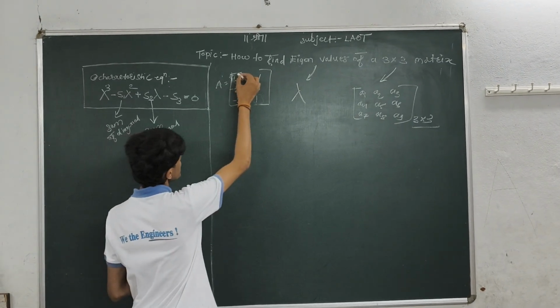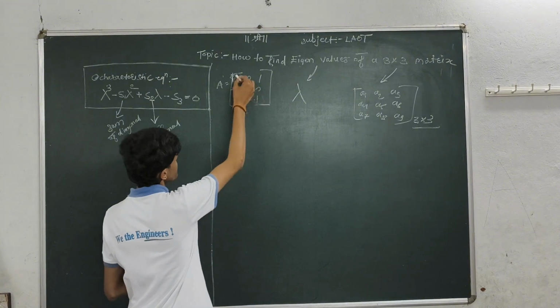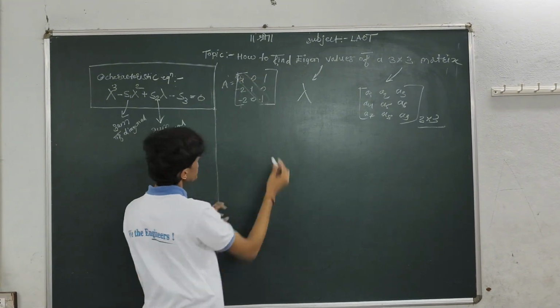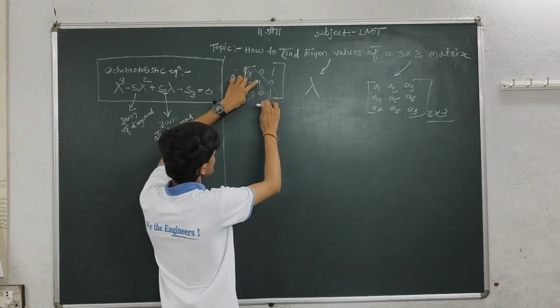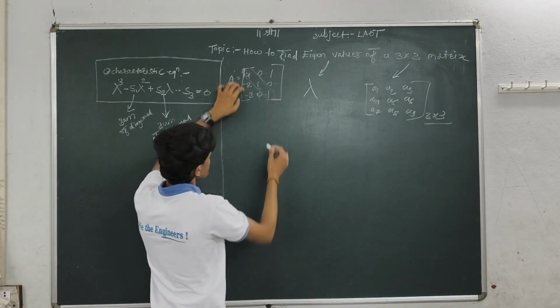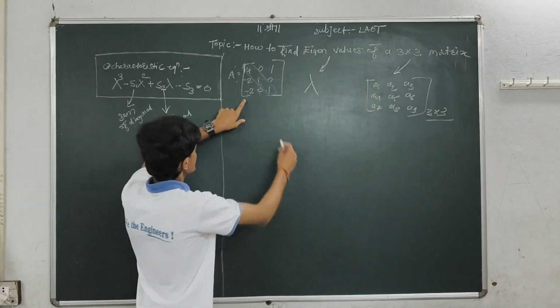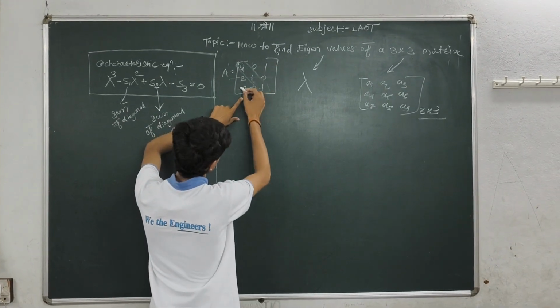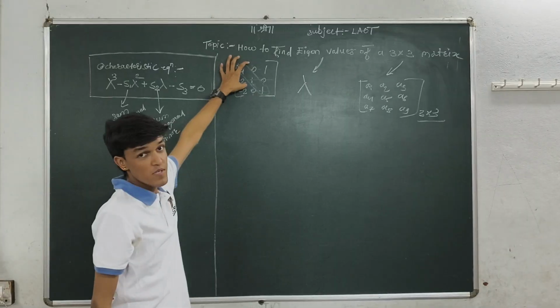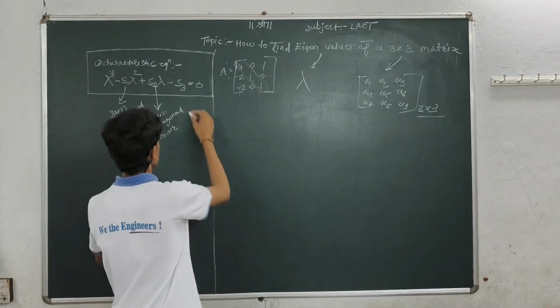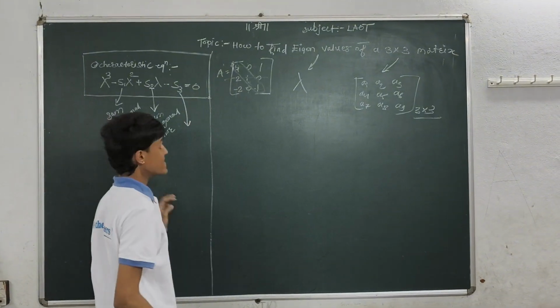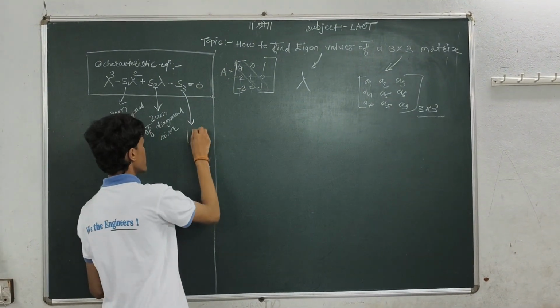By skipping this row, these are the diagonal values. By skipping this element, we have to take these values. And by skipping the third row and third column, we have to take these values. These are called the diagonal minors of a matrix. Then S3. S3 is nothing but the determinant of a matrix.